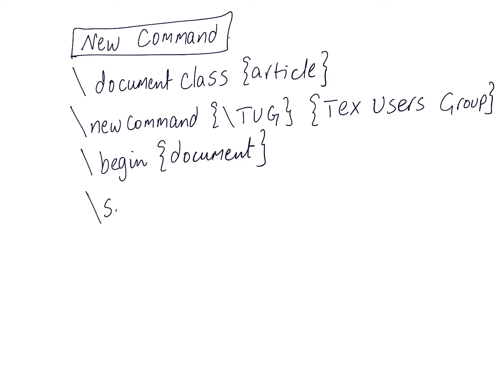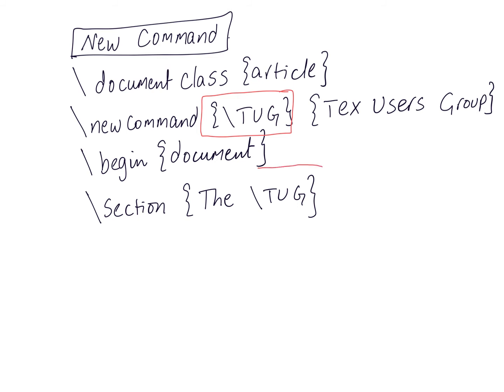Let's call the section the TUG. Sorry, since I used caps in the previous part, I'll even use caps over here. So you'll see this feature even over here. So \TUG.